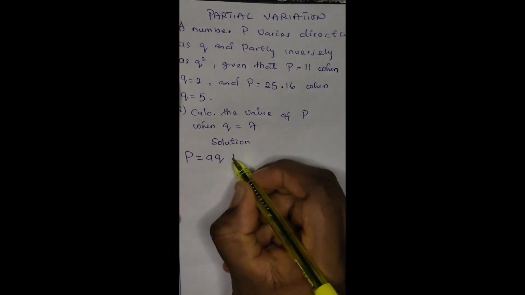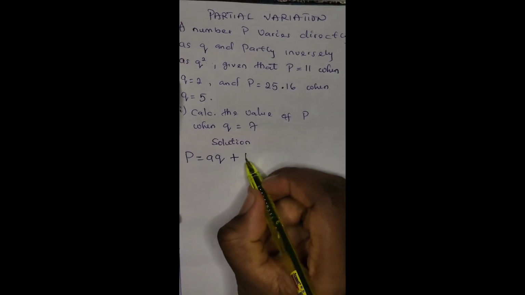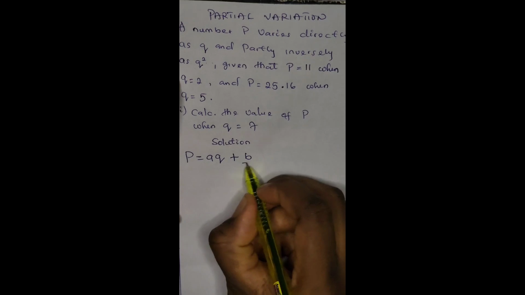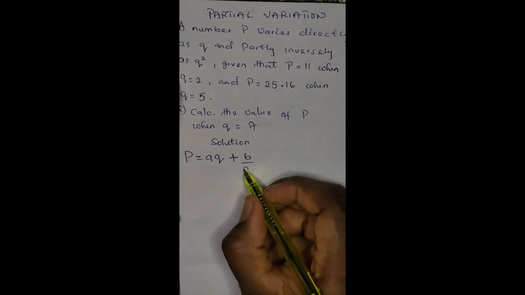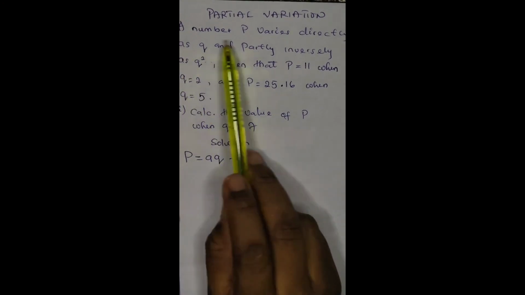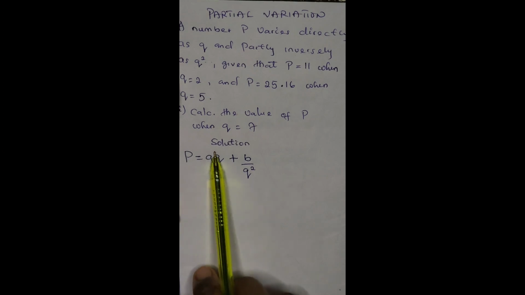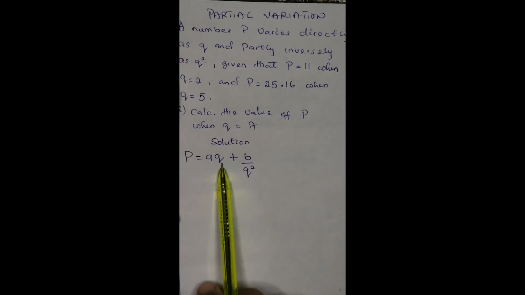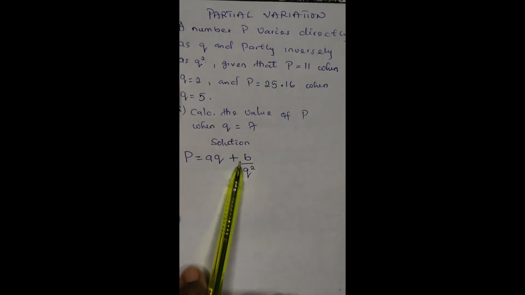So this will be plus the inverse variation. The second constant is b, partly inversely as q squared, so we have b over q squared. So our first constant is a to q and is partly inversely as q squared.